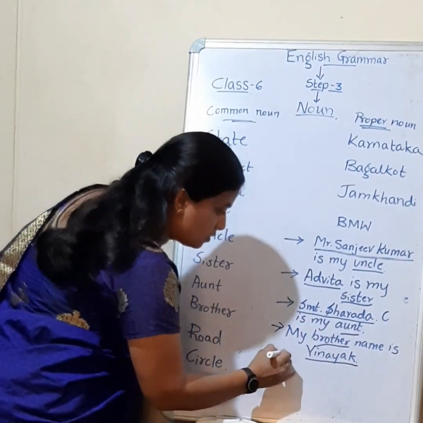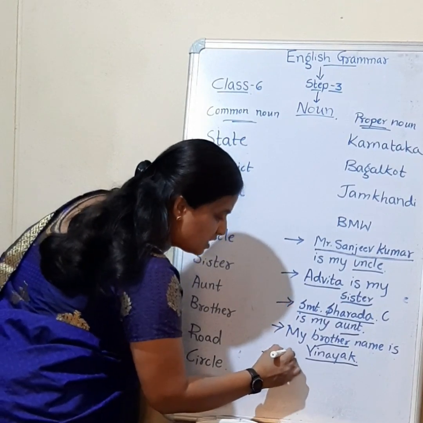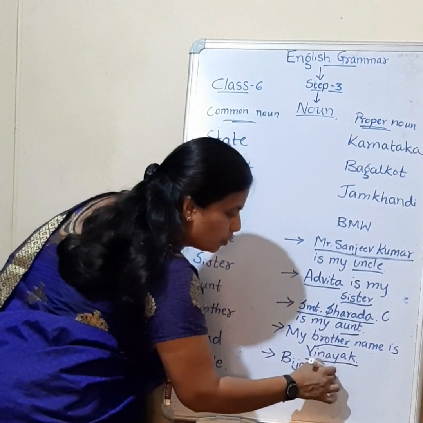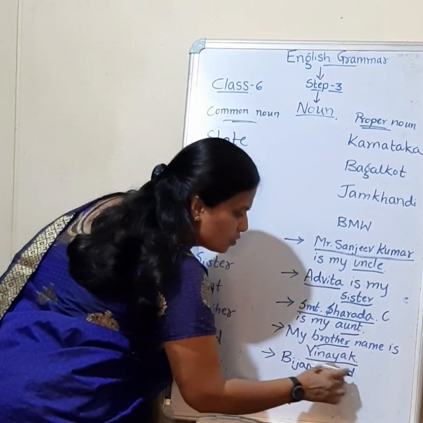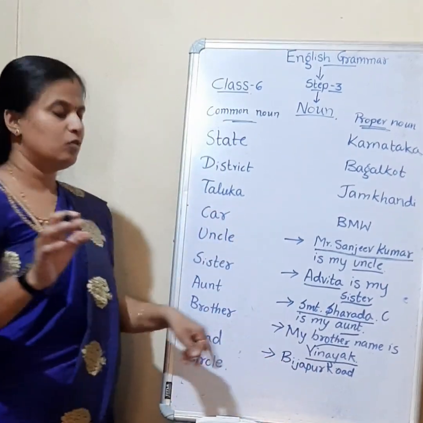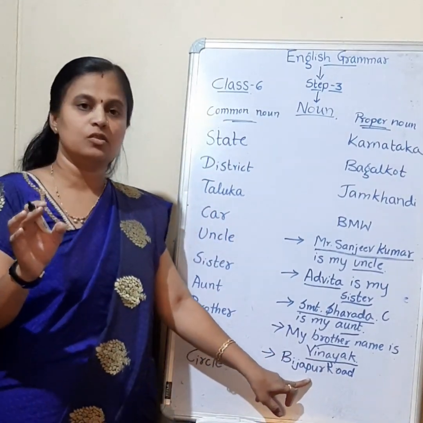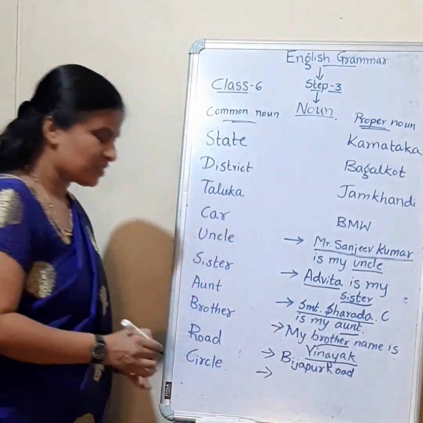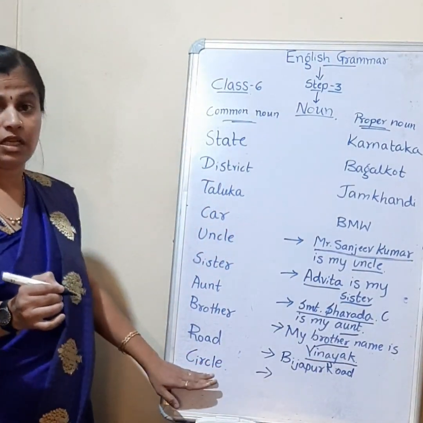Road. Again, if I just say Bijapur road, I have mentioned here the particular name of the road. My house is near Bijapur road, like this. We can use it in a sentence. So the circle, okay.